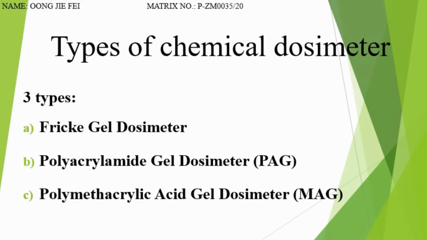Types of chemical dosimeter. There are three types. The first one is Fricke gel dosimeter. The second one is polyacrylamide gel dosimeter (PAG). The third one is polymethacrylic acid gel dosimeter (MAG).